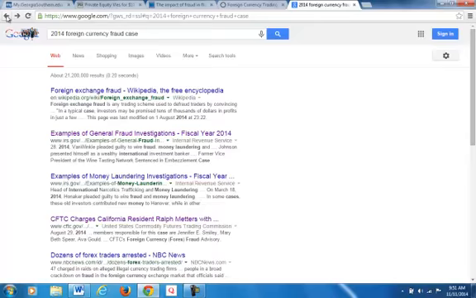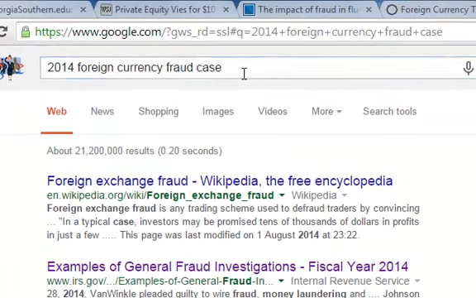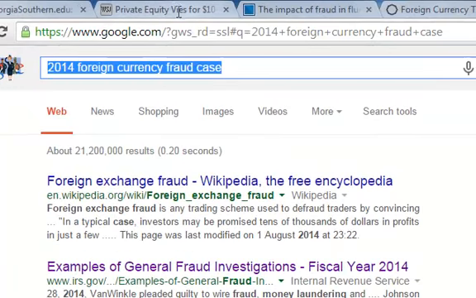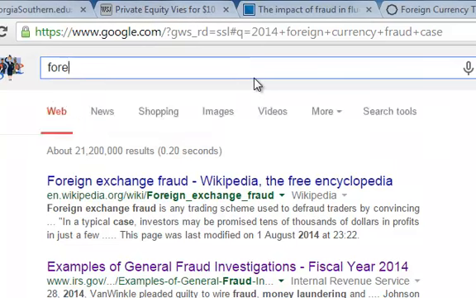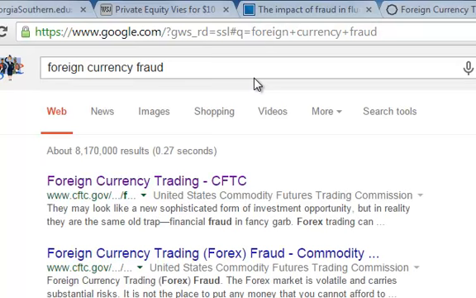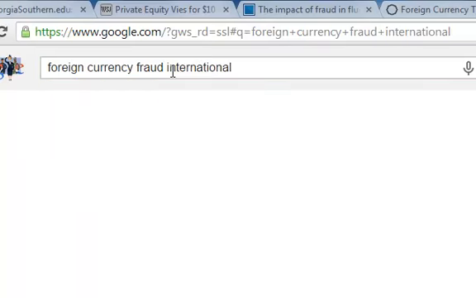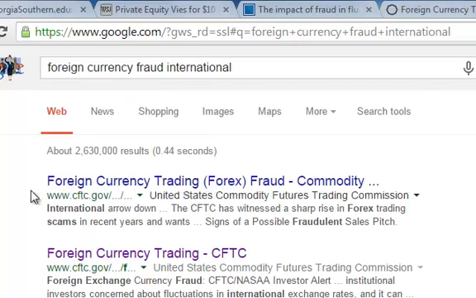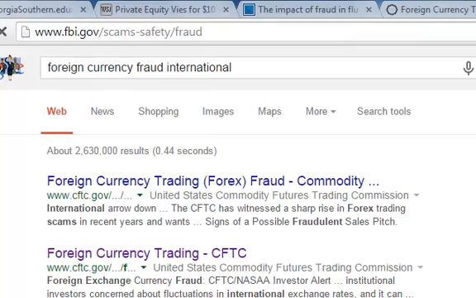I'm going back to the Google search and searching for foreign currency fraud international. There's a website from the FBI listing common fraud schemes.